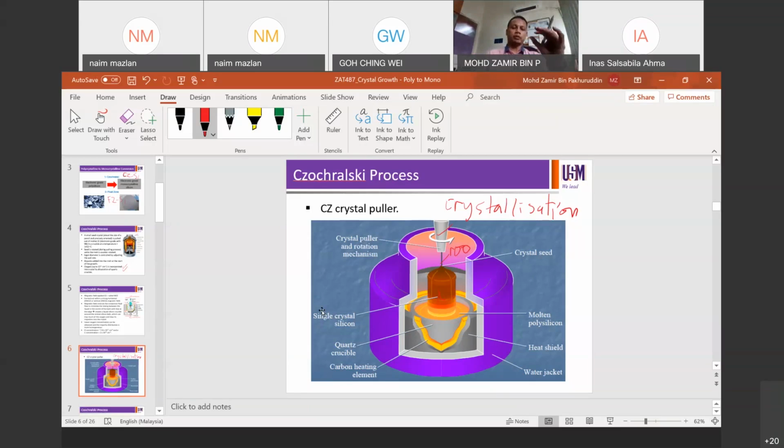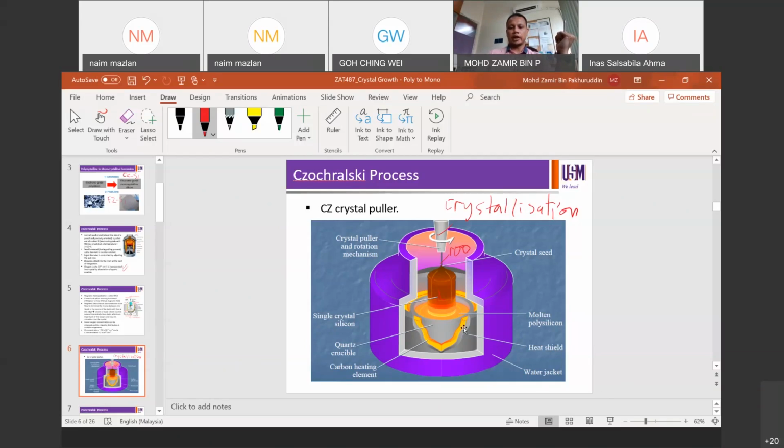So maksudnya apa yang kita grow tu will exactly copy paste, if you like, the properties of the seed, right? So it will crystallize, and then it will form single crystal. So by this process, the aim is to produce single crystal silicon p-type or n-type according to our desired orientation.